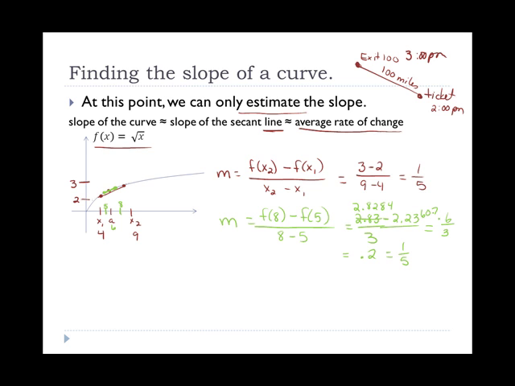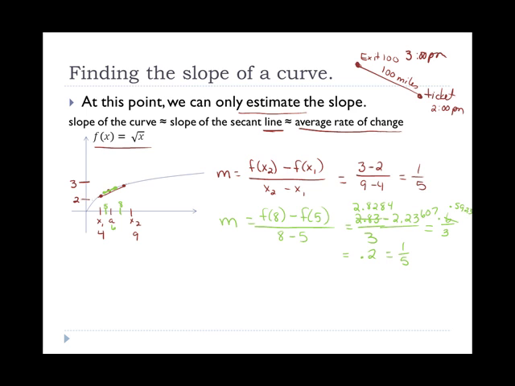Alright, so now when I do 2.8284 minus 2.23607 and divide that by 3, so that instead of being 0.6 becomes 0.5923, and we divide that by 3, what we really get is 0.197, which is a little bit less than 1/5. And that's a better answer. It's more exact. So when we used 4 and 9, we got 1/5.